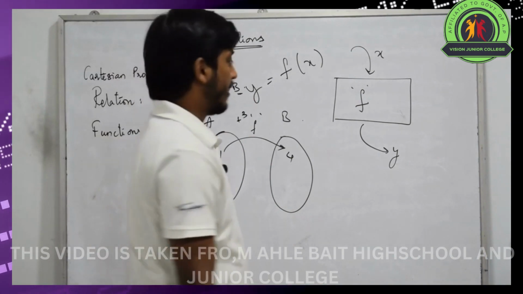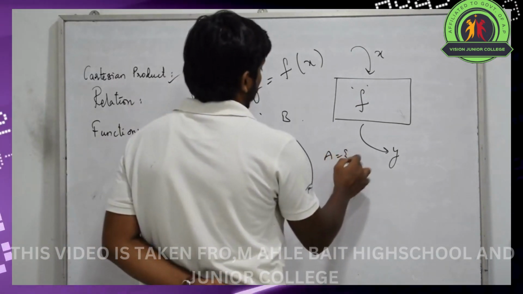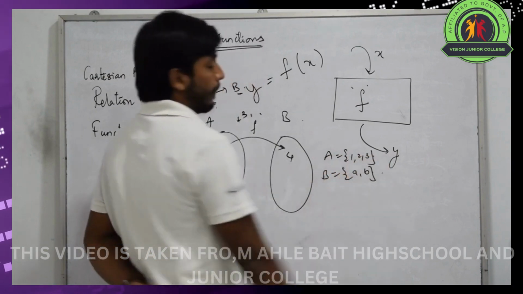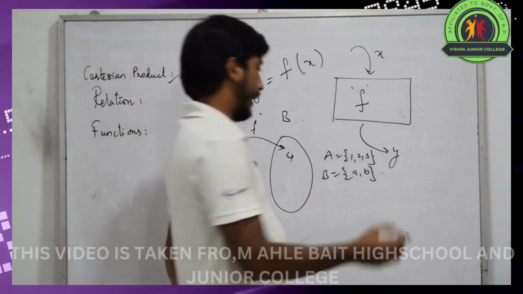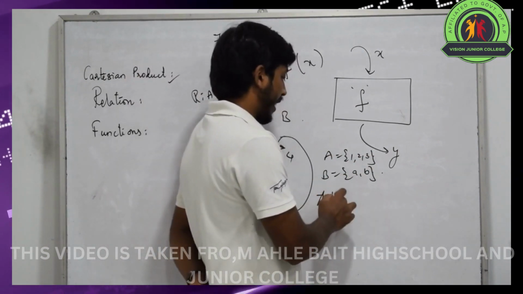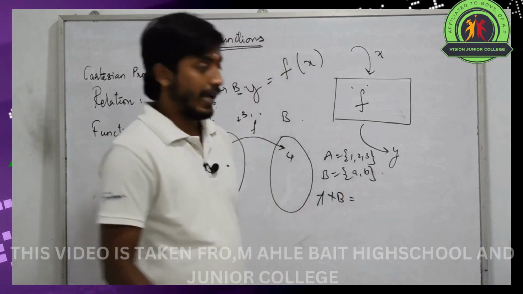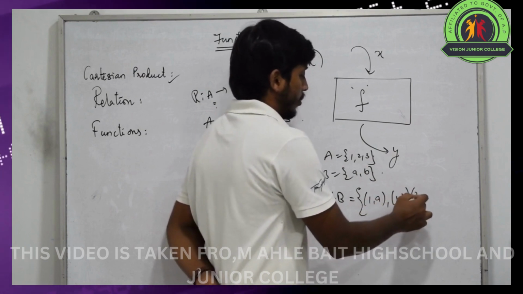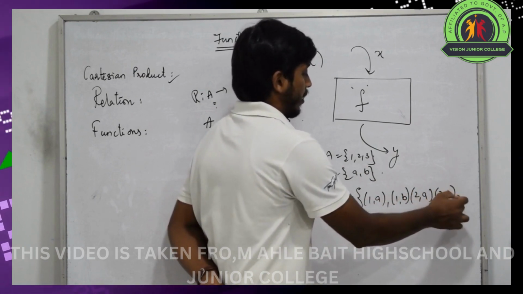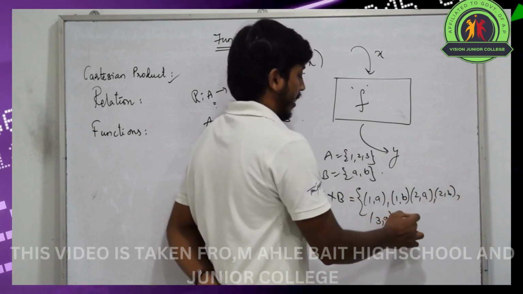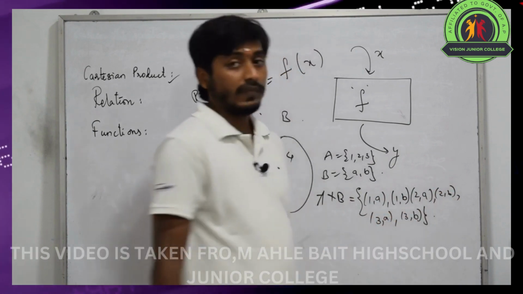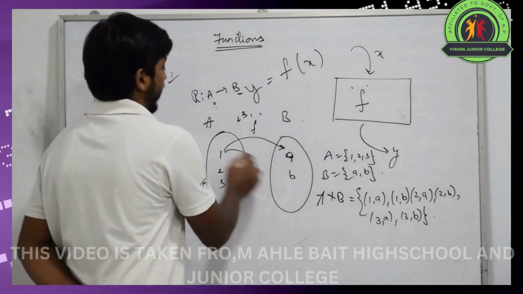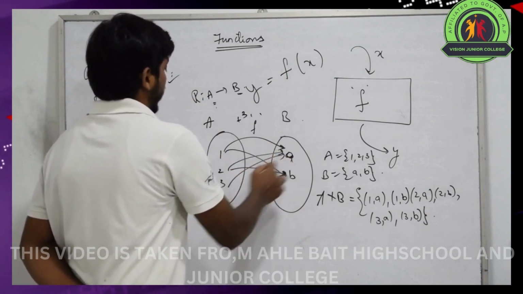If I say A is equal to 1, 2, 3 and B is equal to A, B, then if I want to combine both, the Cartesian product is given by A cross B. That is 1A, 1B, 2A, 2B, 3A, 3B.